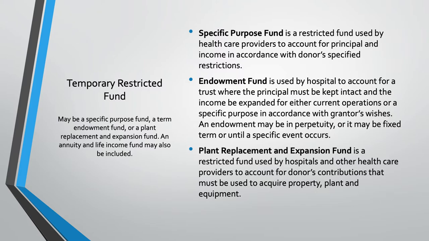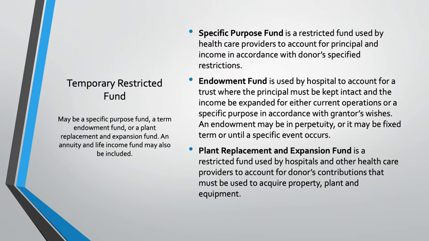So, a specific purpose fund is a restricted fund used by healthcare providers to account for principal and income in accordance with donor specified restrictions. An endowment fund is used by a hospital to account for a trust where the principal must be kept intact and the income be expended for either current operations or a specific purpose in accordance with the grantor's wishes.